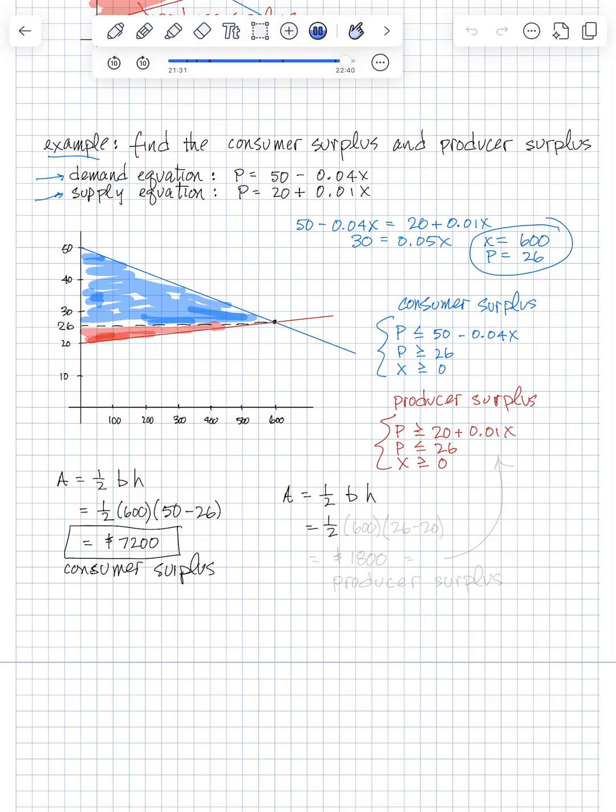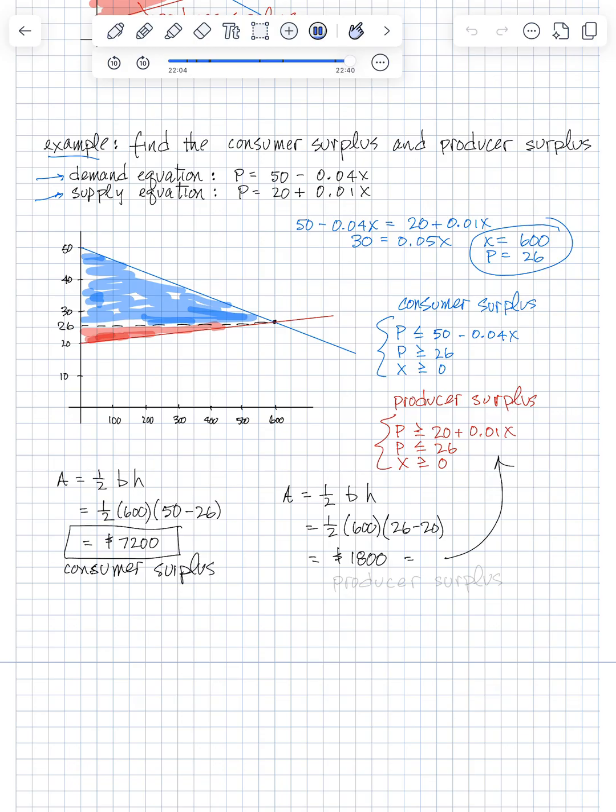The base again is 600. And the height is going to be 26 minus 20. So 26 minus 20, that's 6. Half of 6 is 3. 3 times 600, that is going to be $1,800. And that's the producer surplus.